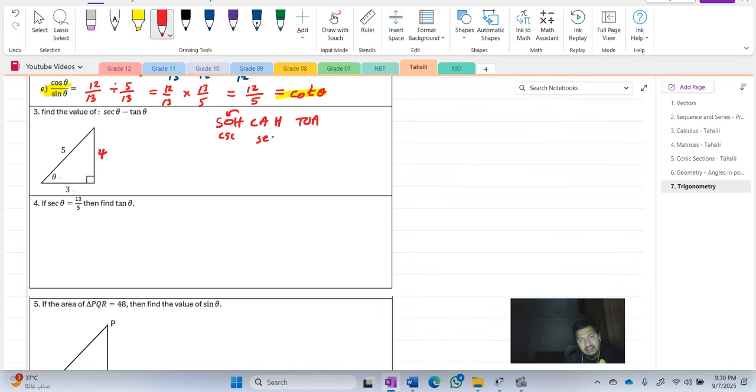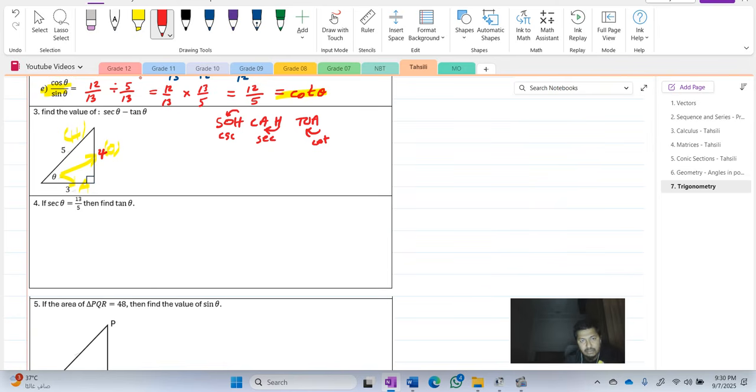This is sec, hypotenuse over adjacent, and adjacent over opposite is cot. So look at this, that's the opposite, that's the adjacent, and that's the hypotenuse. What is cosec theta? Cosec is hypotenuse over opposite, but we wanted sec.